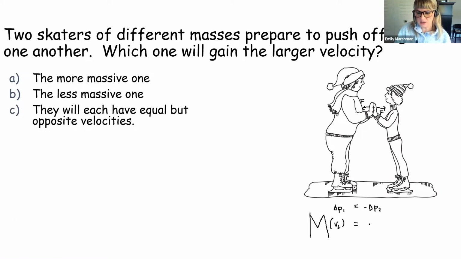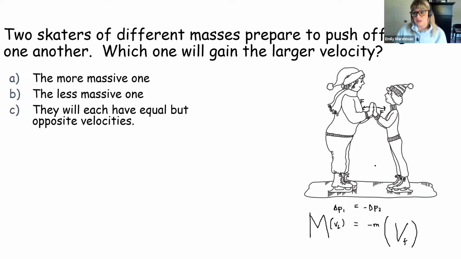On the other side, it's a smaller mass, right? In order to keep these balanced out on both sides, that means the final velocity of the skater over here has to be bigger. So the less massive one is going to have a larger velocity in the end.